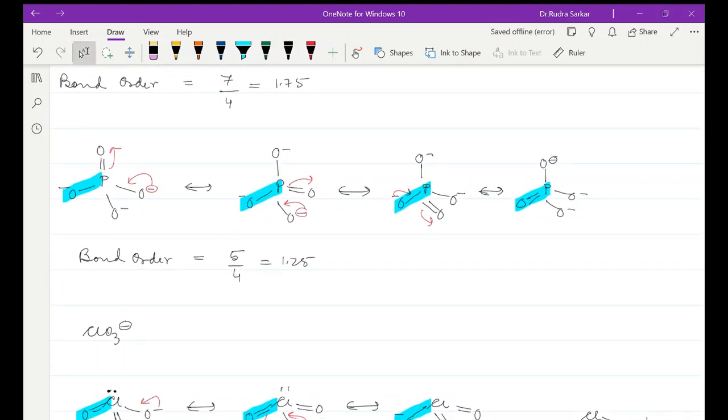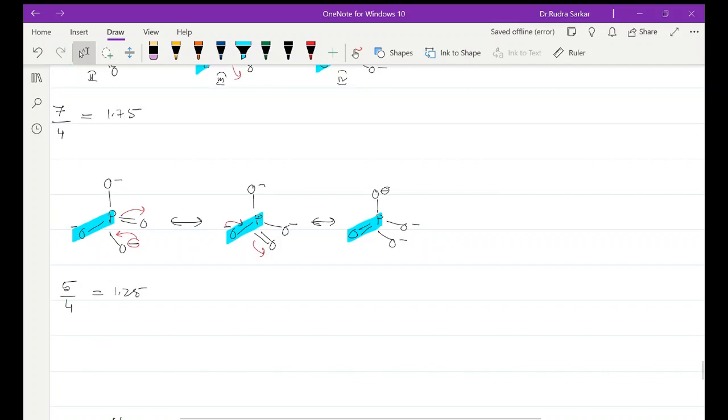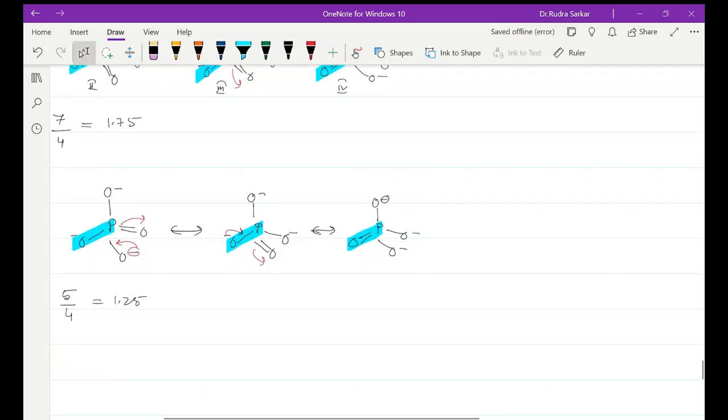Again, for the phosphate ion, we will say the charge is -3, right? And that is being distributed over 4 oxygen atoms. So over here it will be -3 by 4, -3 by 4, -3 by 4, -3 by 4.